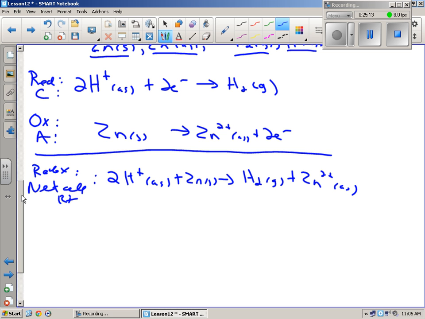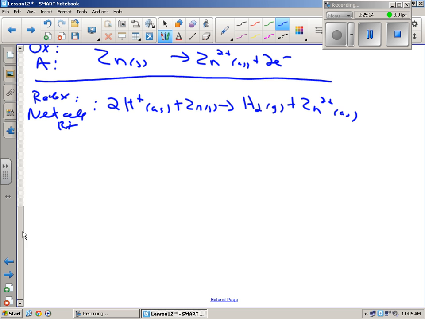All right. Well, I guess we could probably do cell notation for this. So let's do that. Here's my anode right here. Okay? So what would I do? I'd start here. I'd say a solid chunk of zinc is my anode. What's my anode electrolyte? Well, it turns into zinc 2 positive. Right?